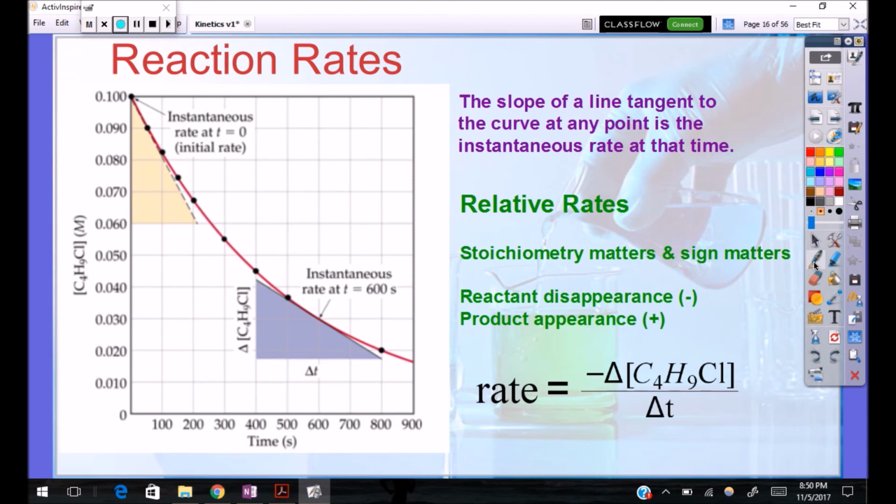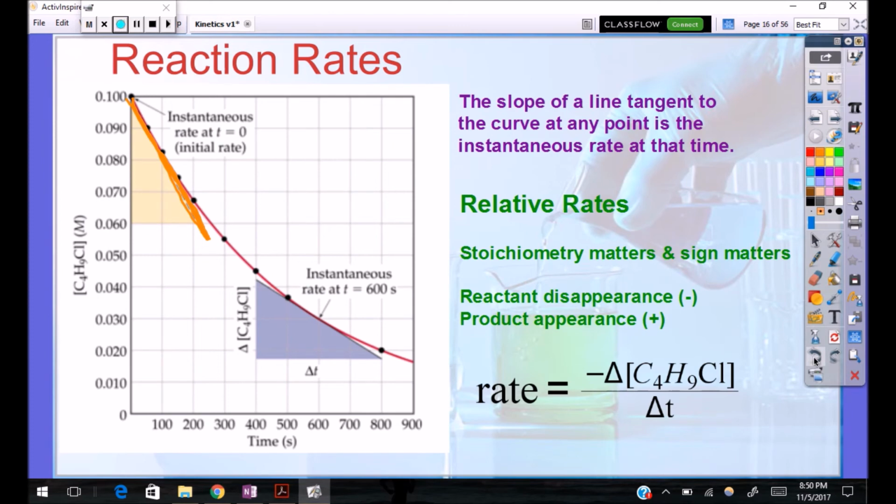Now, if you look at the curve, the steeper the tangent line, the faster the rate. So this reaction seems to happen fairly quickly, and then as it progresses, the tangent line is not as steep anymore, which means that the rate is slowing down. So it slows down towards the end of the reaction, which is interesting. We'll have to keep that in mind.